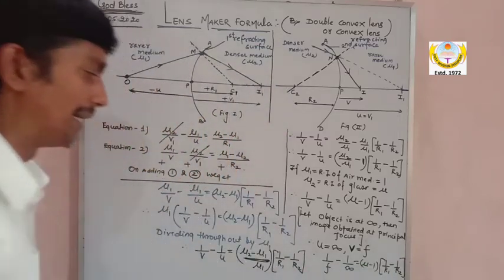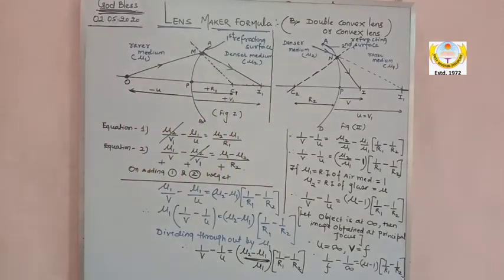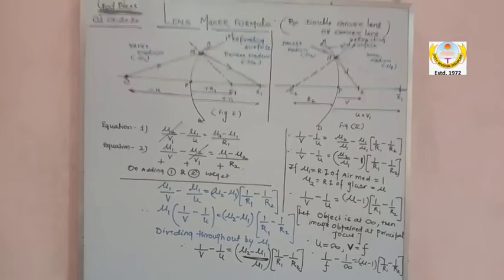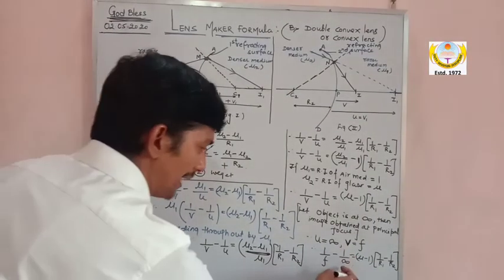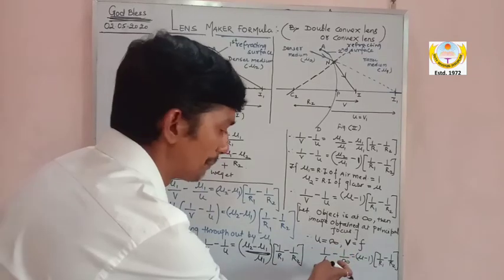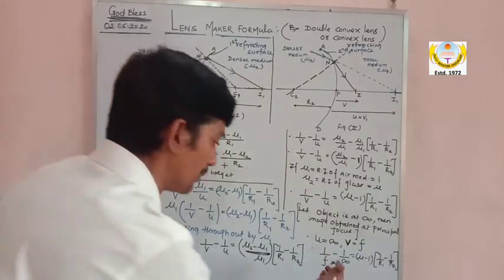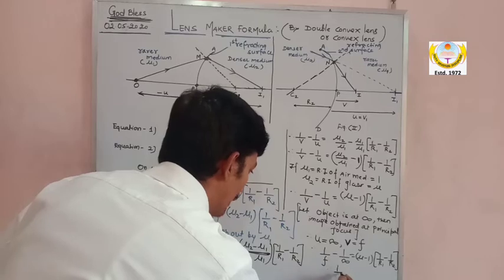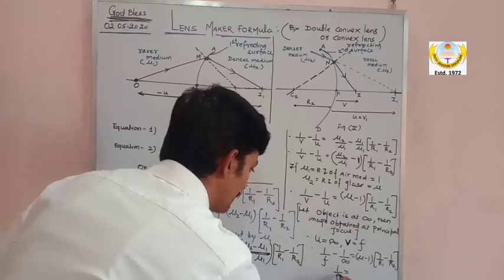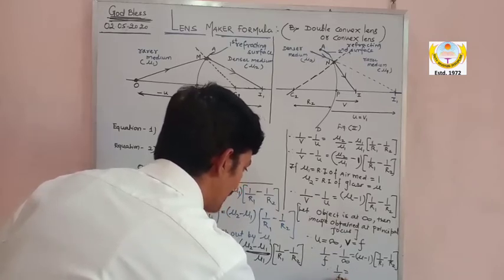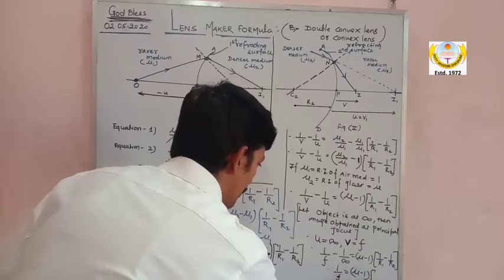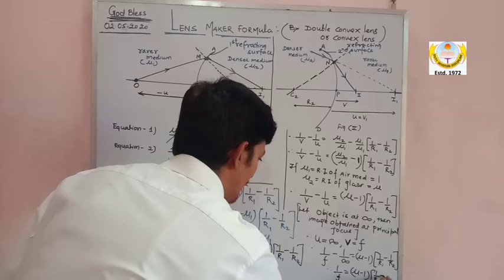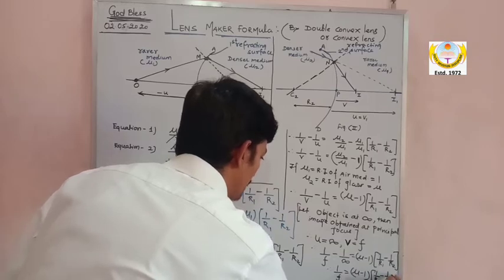You all know that, my dear. Now here is the last step. Everybody is aware that 1 upon infinity is 0, because the reciprocal of infinity is of course 0. Therefore this will give me 1 upon f is equal to mu minus 1 into 1 upon R1 minus 1 upon R2.